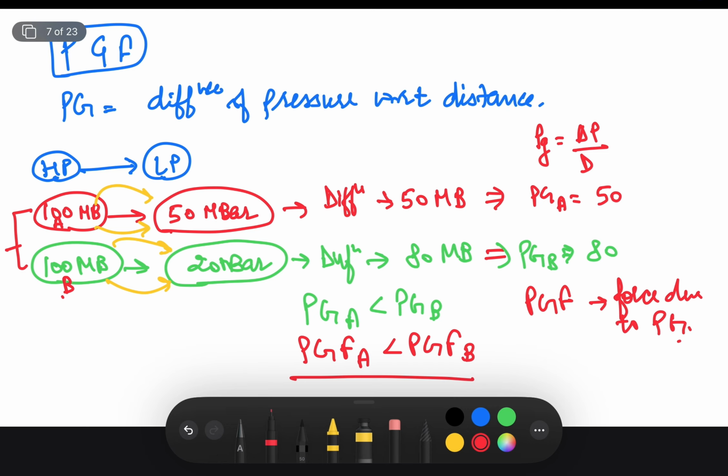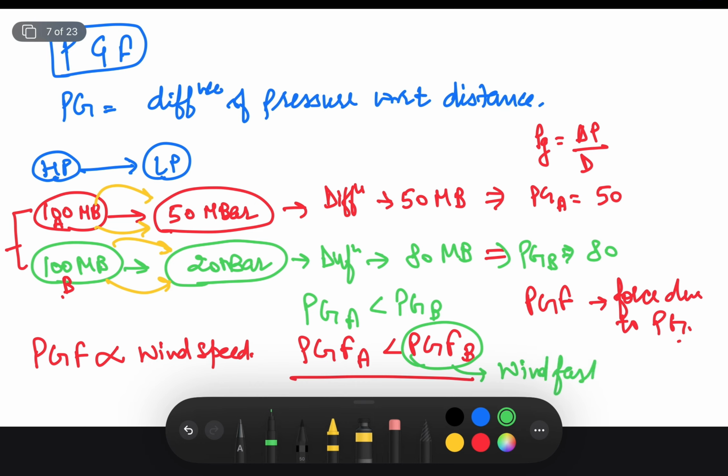So we conclude that pressure gradient force is directly proportional to wind speed. Here the force is more, so the wind will flow fast, and in the other case the wind blows slow.